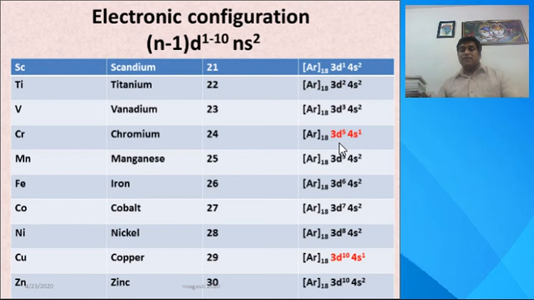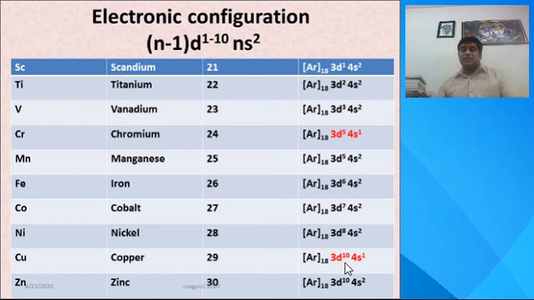As we know, the maximum number of electrons that can be accommodated in a d orbital is 10. So 5 electrons is half-filled. So a half-filled d orbital is extra stable. Because of this extra stability, chromium prefers to have the 3d5 4s1 configuration. Similarly, in copper, the configuration should have been 3d9 4s2, but the configuration is 3d10 4s1.